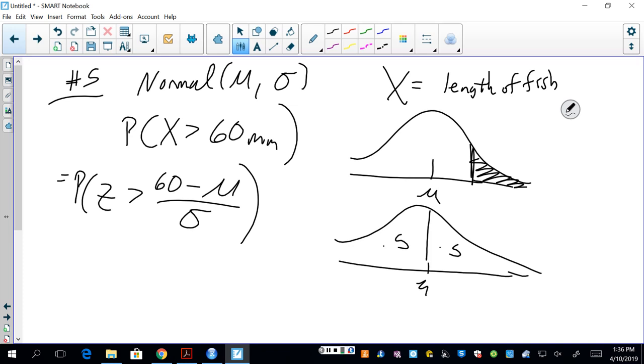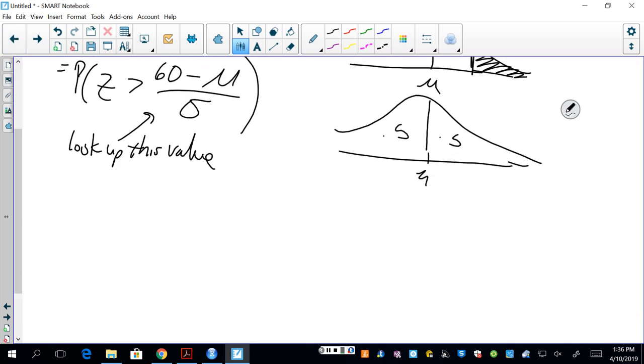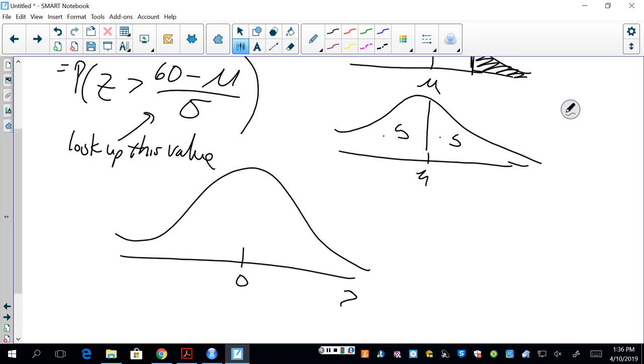And so you look up this value in the table. In our version of the table, the z is essentially giving this area in here.